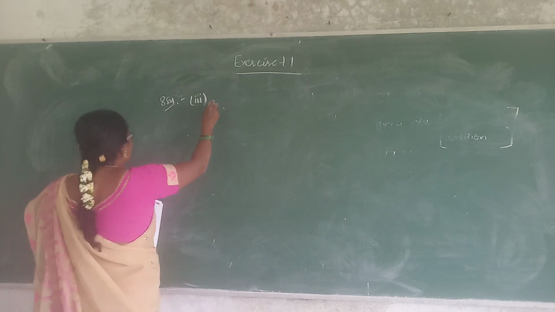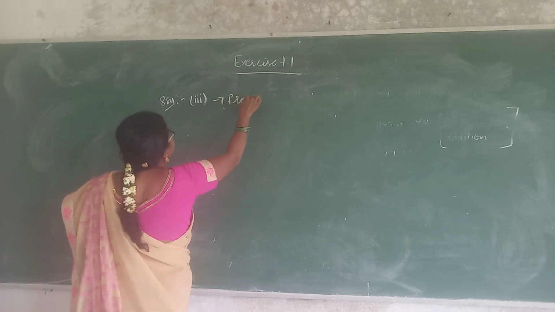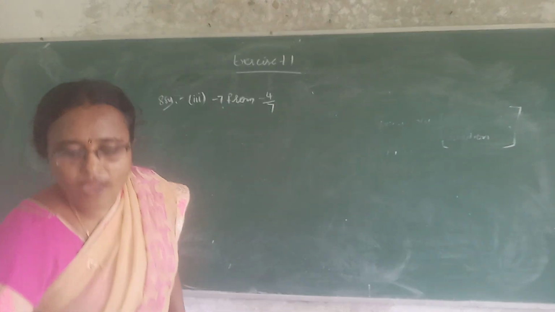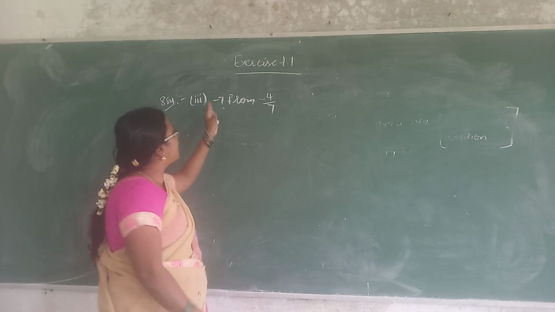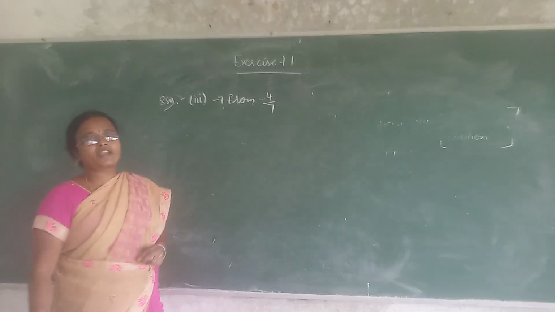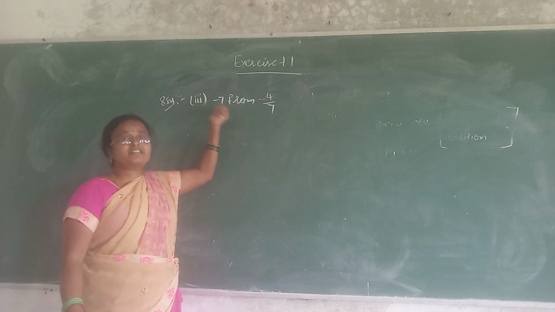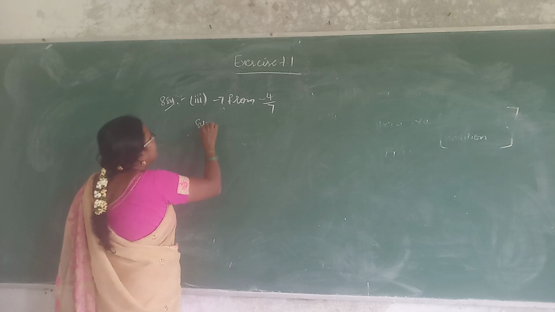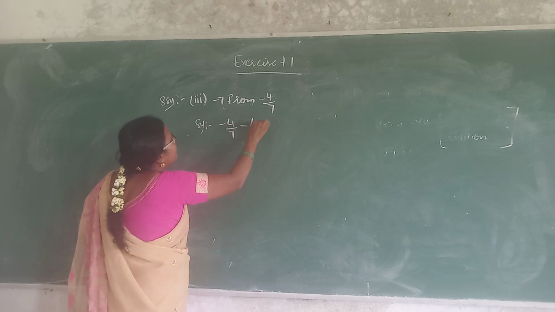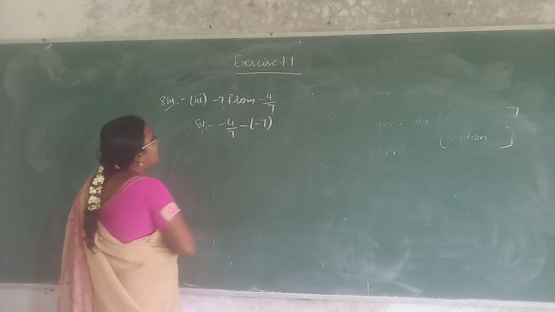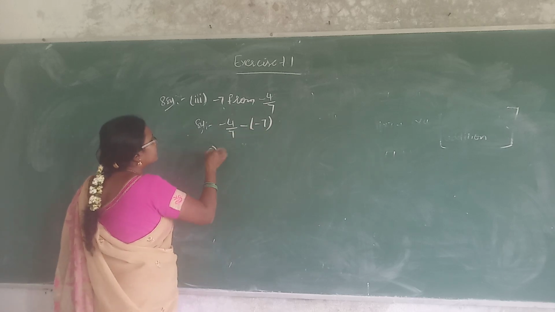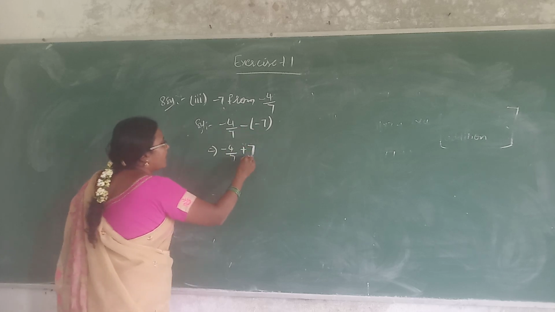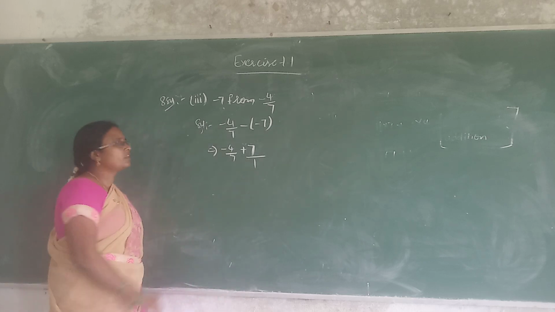Subtract minus 7 from minus 4 by 7. So we have to subtract minus 7 from minus 4 by 7. We have to subtract this integer, so we take the rational number first. Minus 4 by 7 minus of minus 7. Minus into minus becomes plus, so it becomes plus 7. As the denominator does not exist, we keep 1 here.